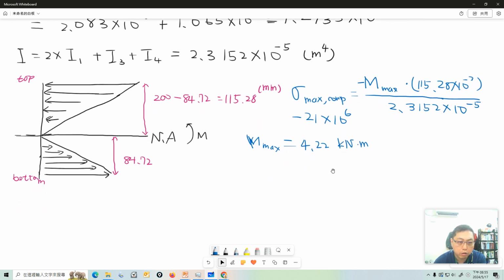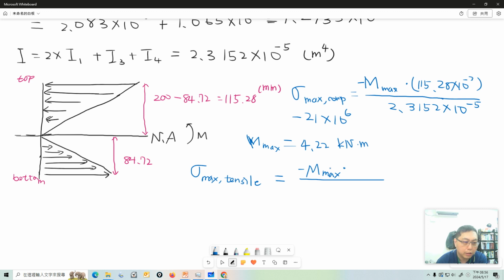Now we need to do another test. The problem also gives us the maximum tensile stress. We just use these two extreme values and then determine the reasonable maximum allowable moment.